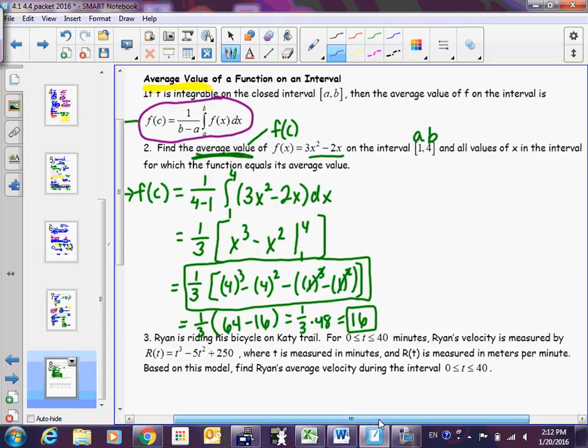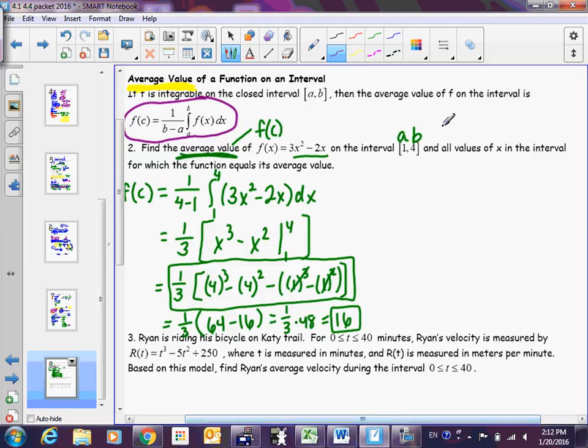Because there's another part to this problem. It says, and all values of x in the interval for which the function equals its average value. So remember, we found the average value. That's what we found down here, 16. So if I want to know where the function equals its average value, that's pretty much what I did on the previous example, although I don't need to go back and rehash all the work.